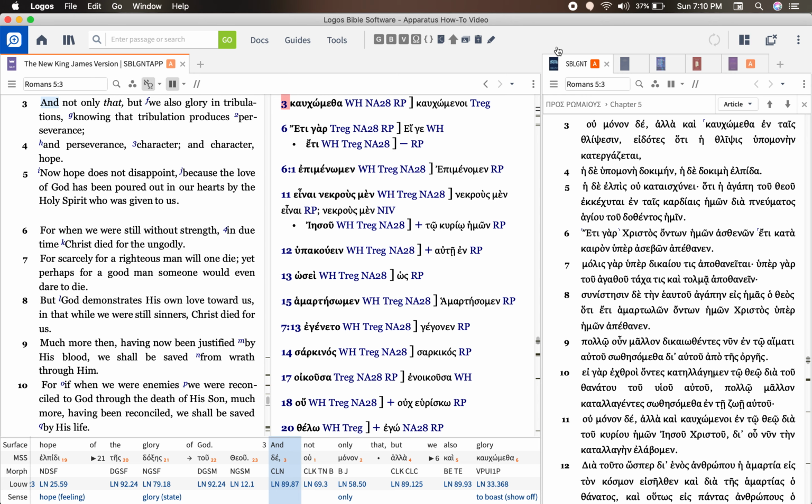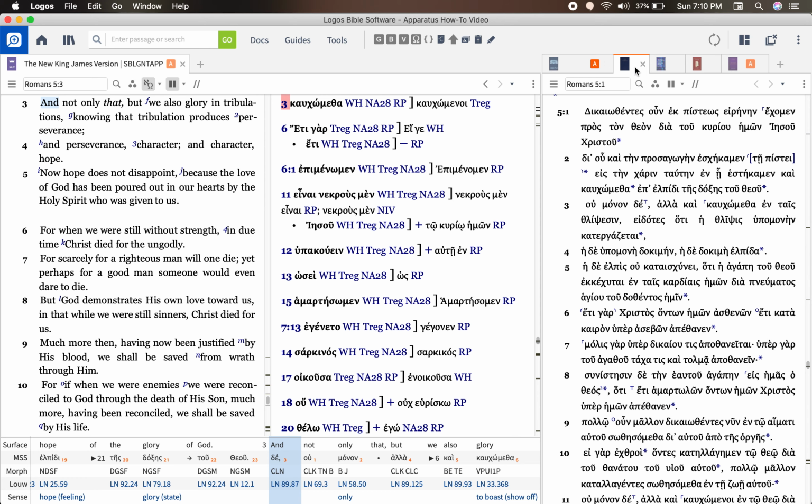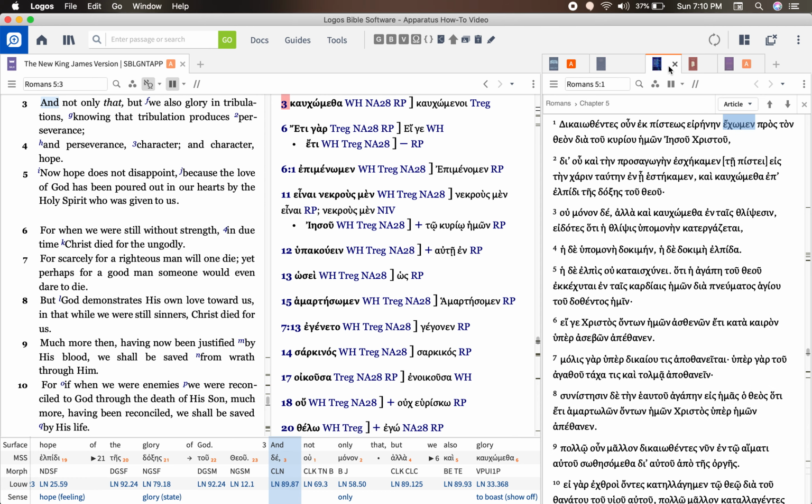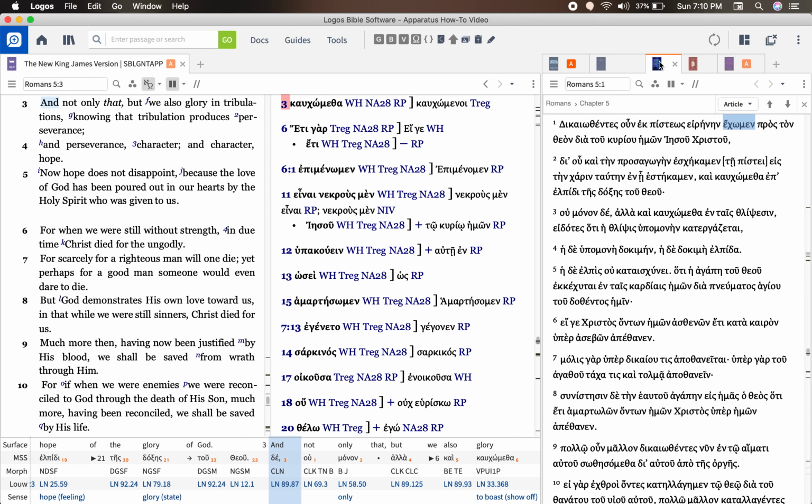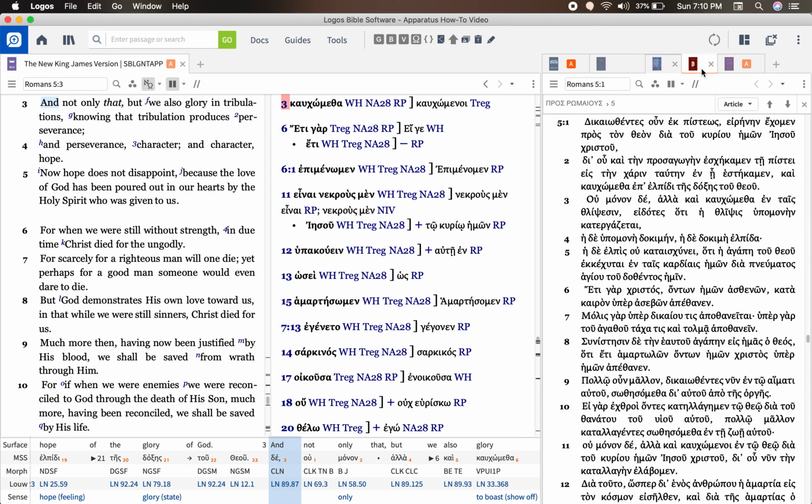And then over here in this window, I have my different editions open. I have the SBLGNT, which is the base text. I have here the Nestle-Aland 28th edition. Here, I believe this is my Westcott and Hort. Yep, this is my Westcott and Hort. Then here will be the Robinson-Pierpont. Over here is the CNTTS, and I just use that sometimes to compare.